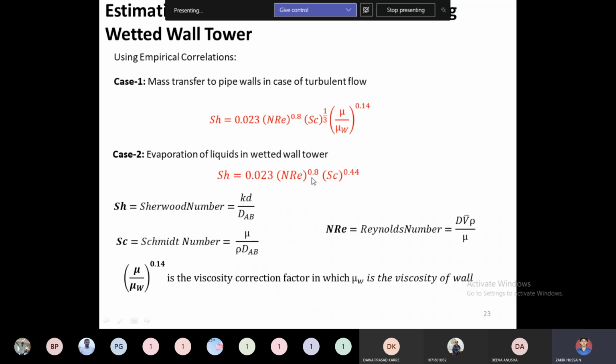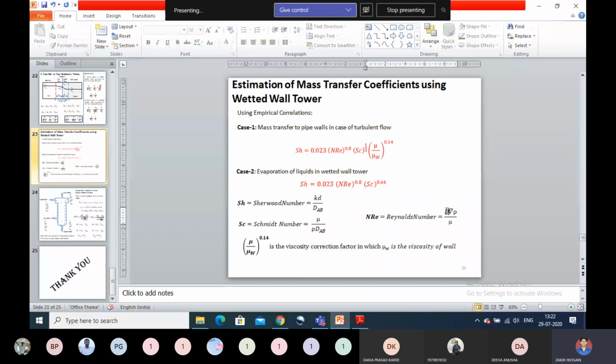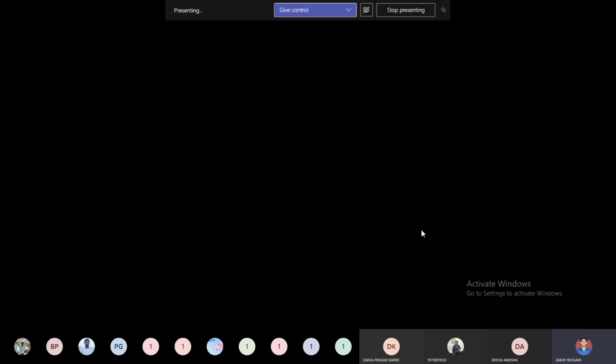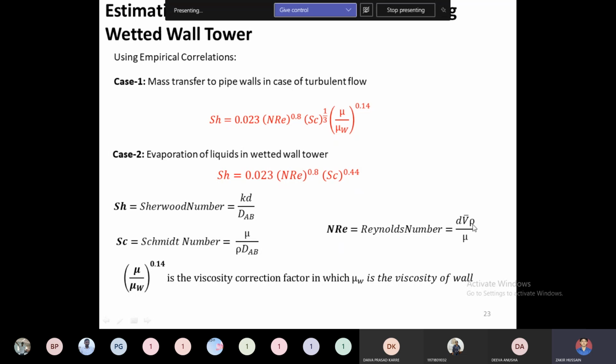Then the Reynolds number, NRE, you already know from fluid mechanics. NRE is equal to dV bar rho by nu. We use the small d for the diameter since we are denoting it in the Sherwood number. In this, d is the diameter of the tube, v is the velocity of the fluid, rho is the density of the fluid, and nu is the viscosity of the fluid.